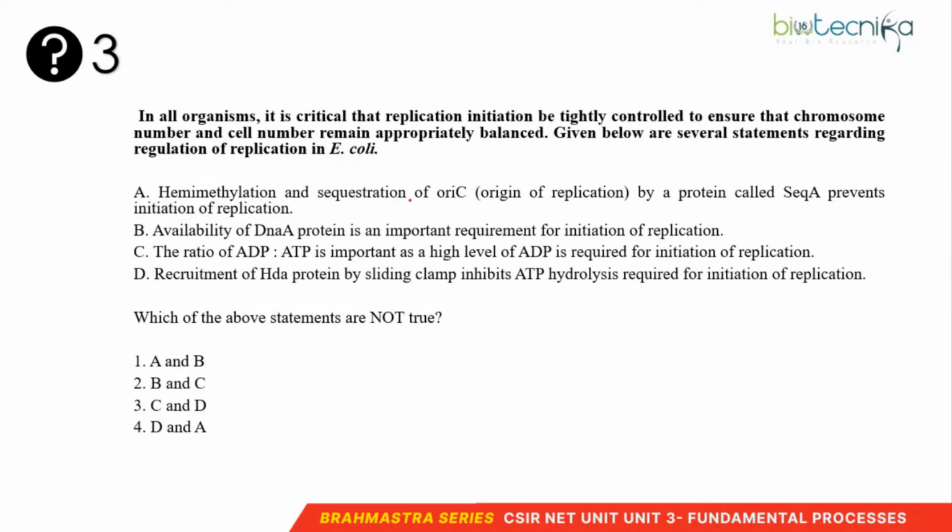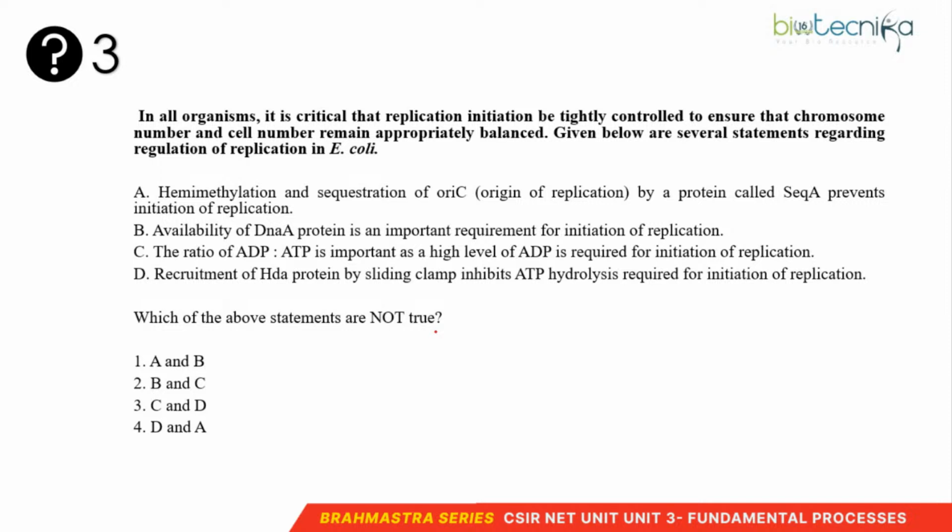Hemimethylation and sequestration of oriC by a protein called SeqA prevents initiation of replication. Availability of DnaA protein is an important requirement for initiation of replication. The ratio of ADP to ATP is important as a high level of ADP is required for initiation of replication. Recruitment of Hda protein by sliding clamp inhibits ATP hydrolysis required for initiation of replication. Which of the above statements are not true?